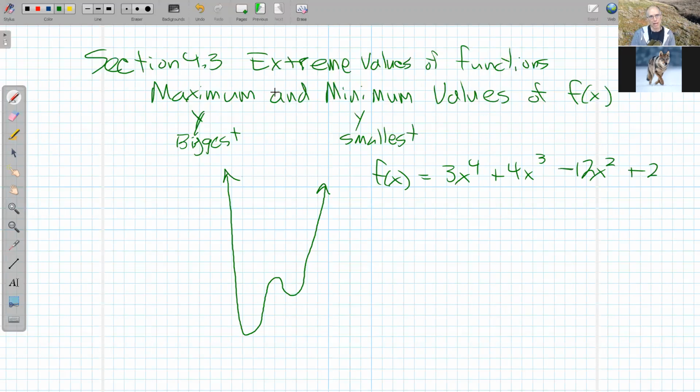As far as maximum and minimum values here, I have this point down here, that point there, and this point here. The one at the bottom is called an absolute minimum because there's nothing below it. It's absolutely the minimum y value.